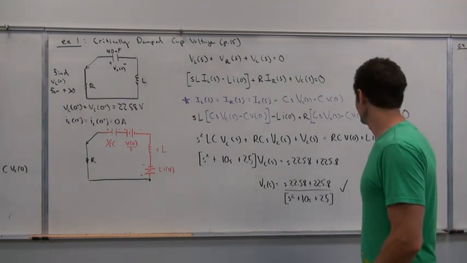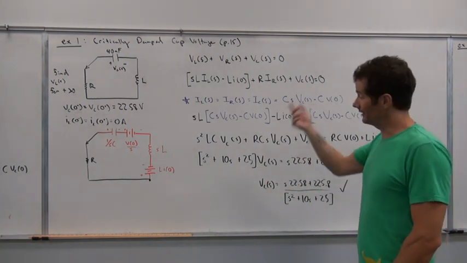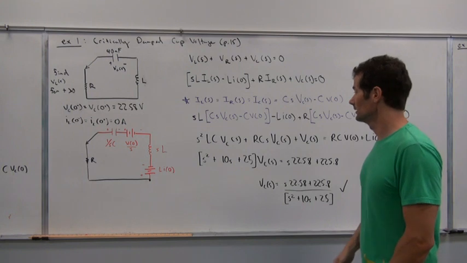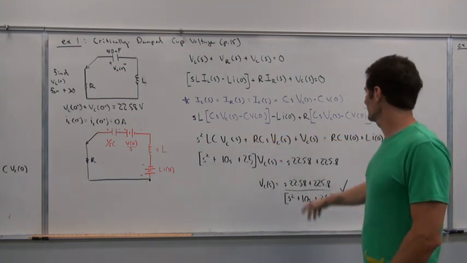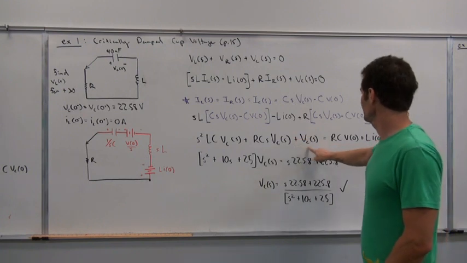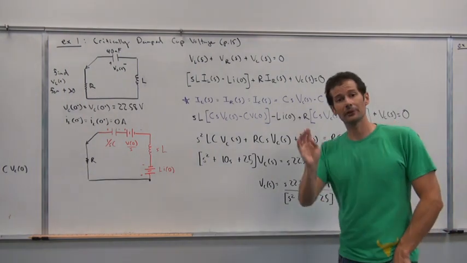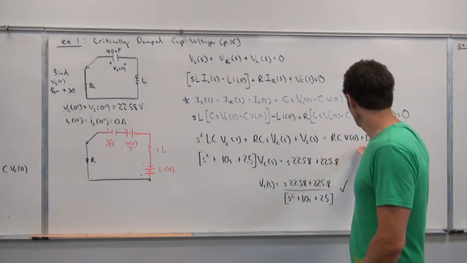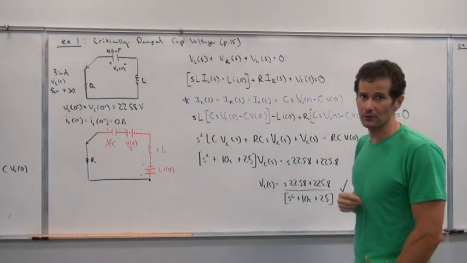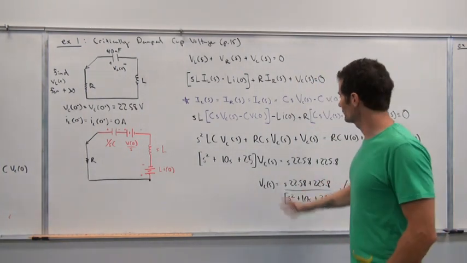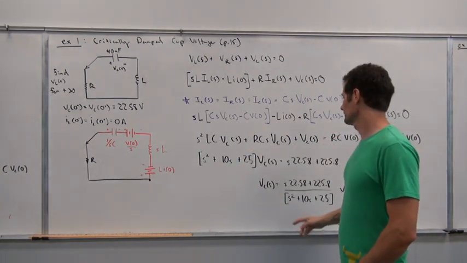Well, if we go ahead and isolate the highest order derivative, essentially, in the S domain, where we have S squared, RC divided by LC gives us R over L. And then we get 1 over LC times VC, and everything on the right-hand side will stay consistent with how those equations were derived in the S domain when we utilized the differential equation from the time domain. So sure enough, we get S squared plus 10S plus 25 times VC of S.